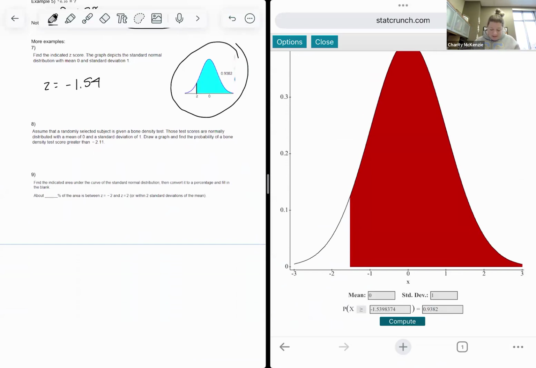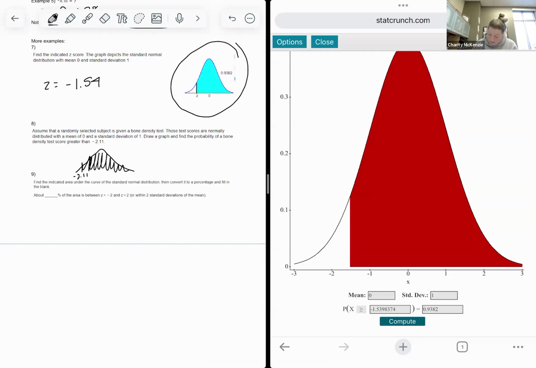Assume that a randomly selected subject is given a bone density test. Those test scores are normally distributed with a mean of 0 and a standard deviation of 1. Draw a graph and find the probability of a bone density that is greater than negative 2.11. So let's draw the graph. Oh, that's a terrible graph. I hope you're better than me. Negative 2 is way over here, negative 2.11, and you want greater, so you want it to be greater this way.